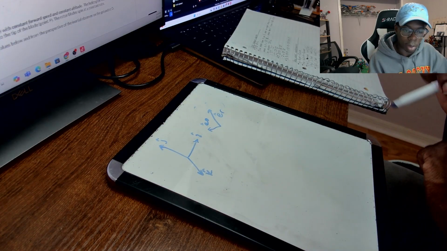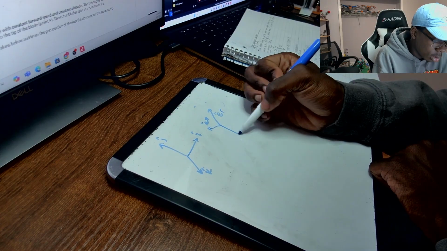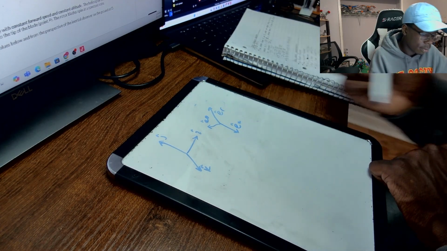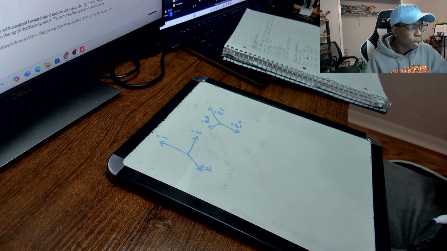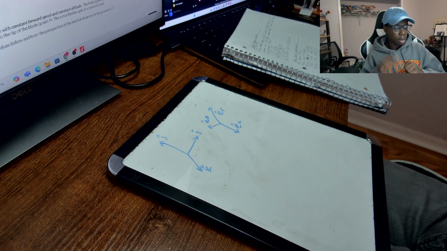I kind of drew that poorly. And then out of the page again, I'll just call this ek. So those are the vector systems that we have right now. Yeah, I think this should be good.